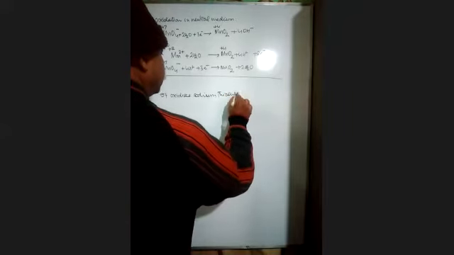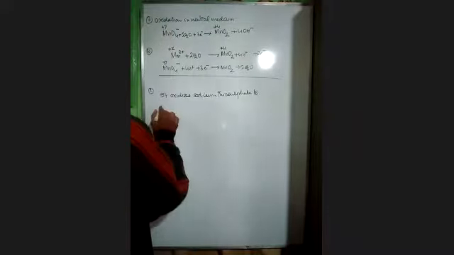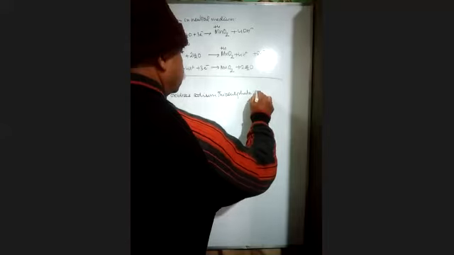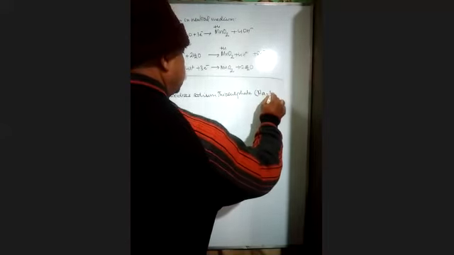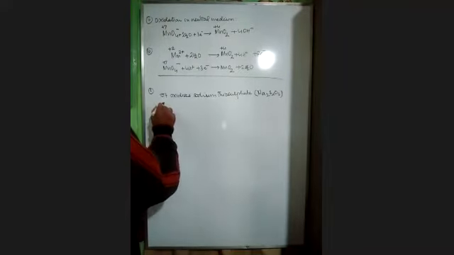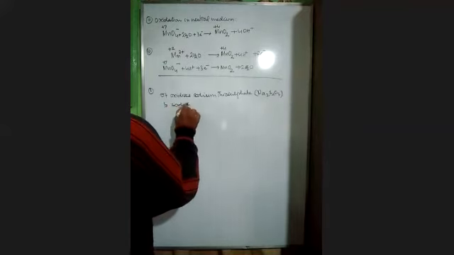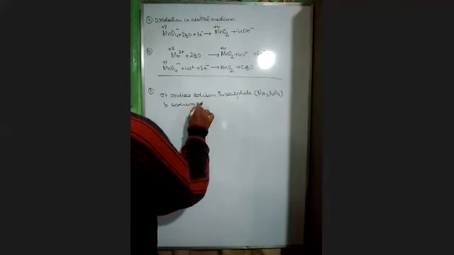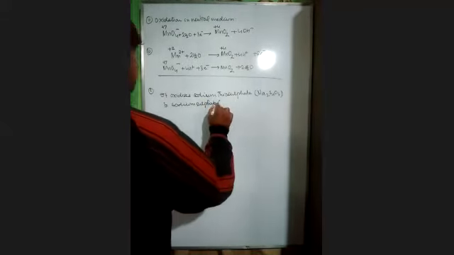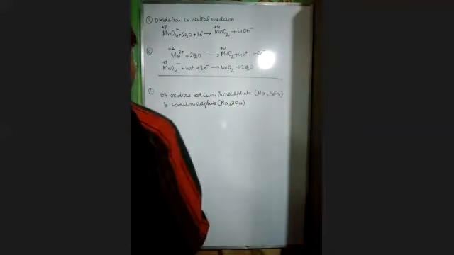Sodium thiosulfate. You should know what is this formula. Na2S2O3. 2 sodium sulfate, Na2SO4.